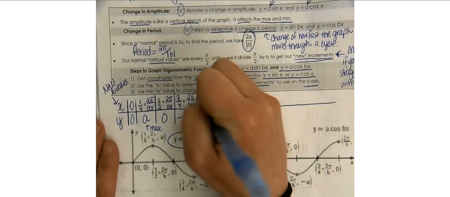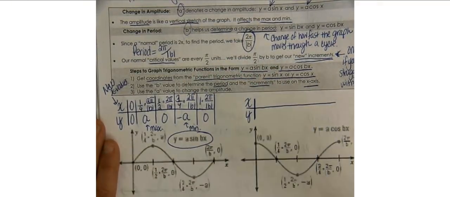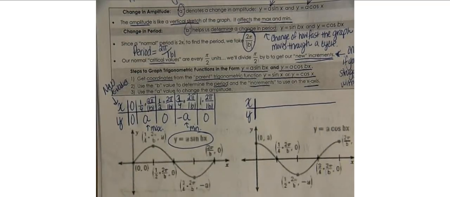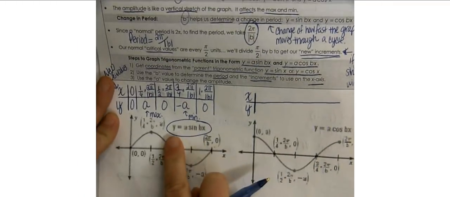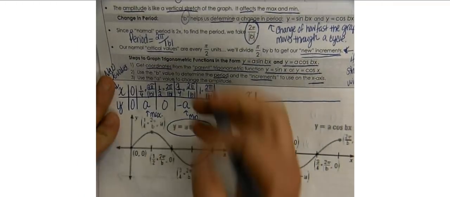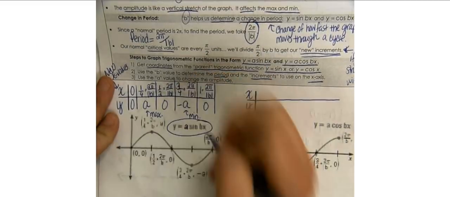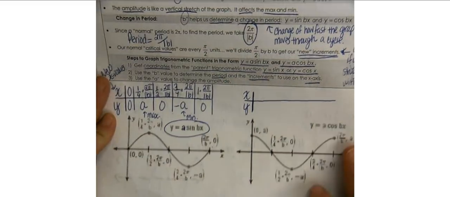Then back up to 0. So 0 up, 0 down, 0. That is your ordered pair pattern every single time you're working with y equals a times the sine of bx, and then we just keep repeating that pattern. I know this is kind of hard to read, but that is a times the sine of bx.